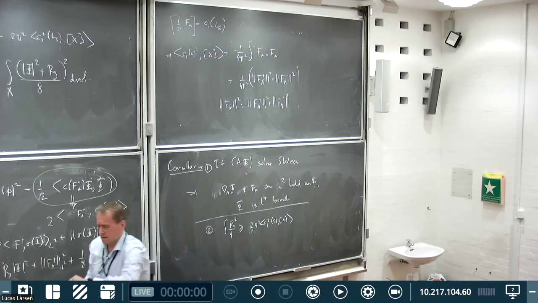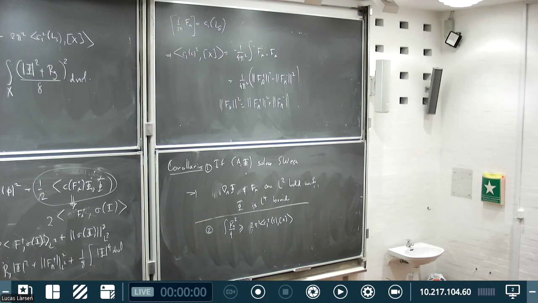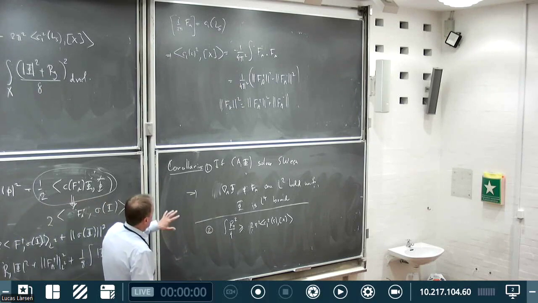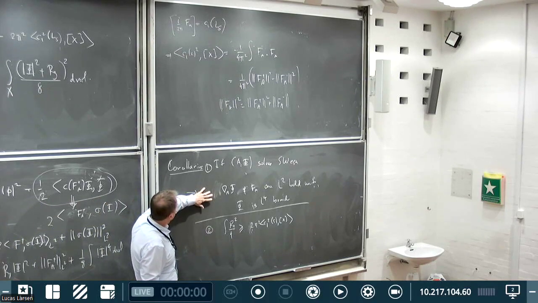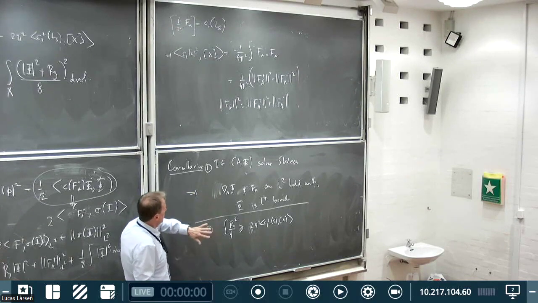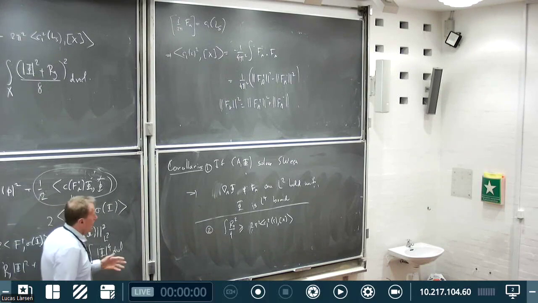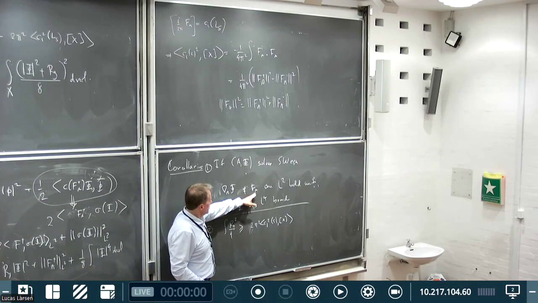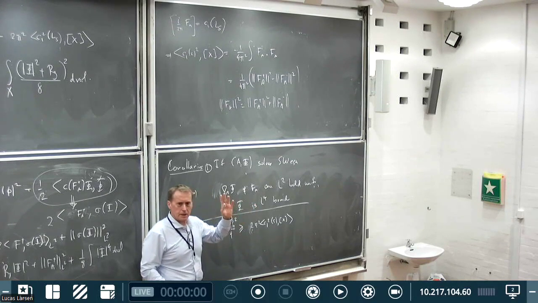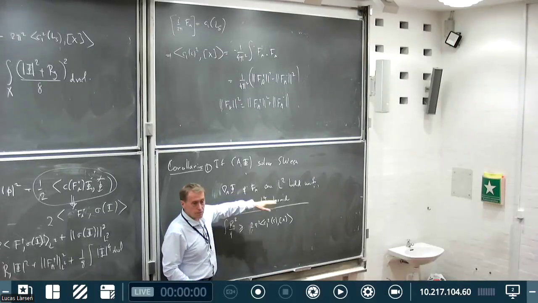Let me just say one other thing. Right now we're controlling the L2 norm of the curvature, and we'd like to control norms of the connection itself, not the curvature of the connection.